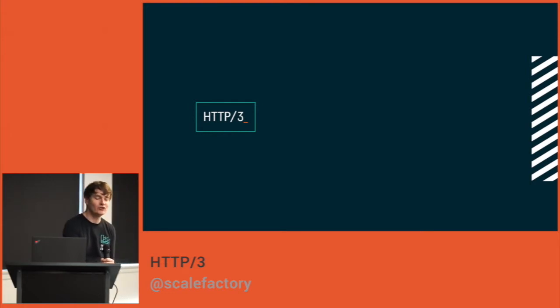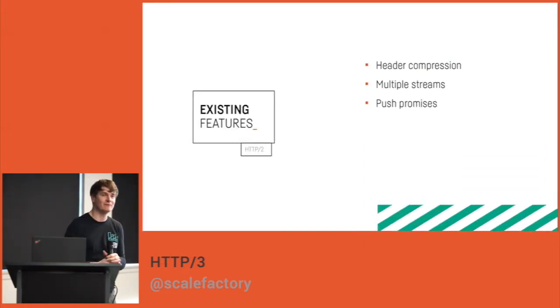Let me just talk about what you got from HTTP 2 to recap for people who've had different levels of experience with this level of the web. So, HTTP 2 built on the text-based protocol HTTP 1. HTTP 2 is binary. You get header compression.